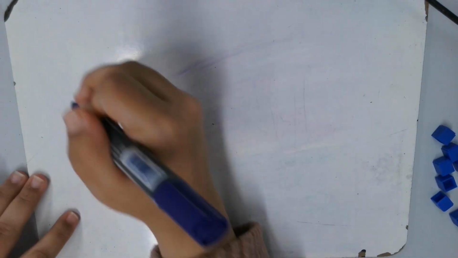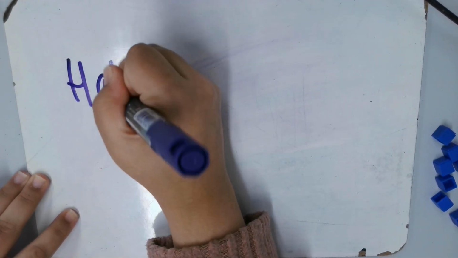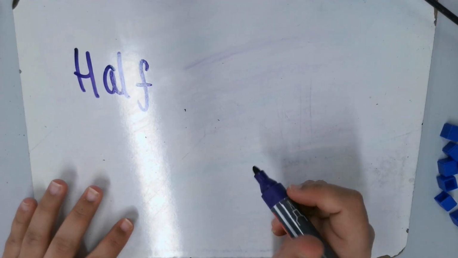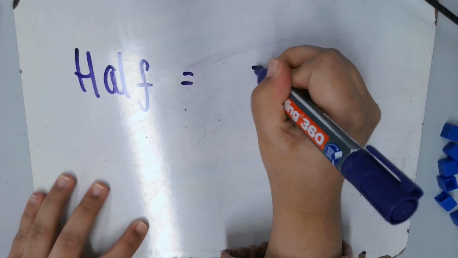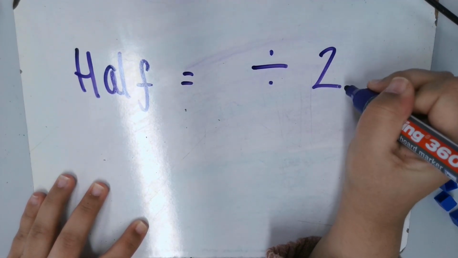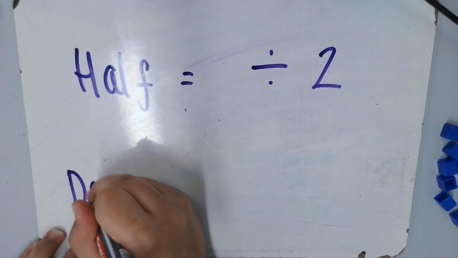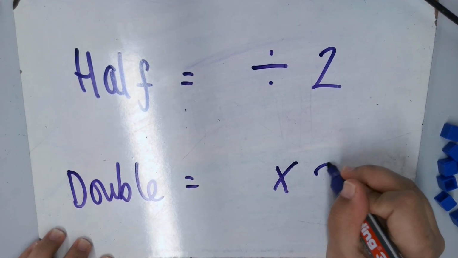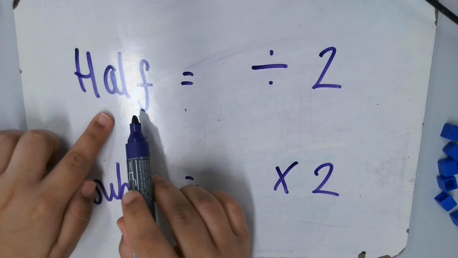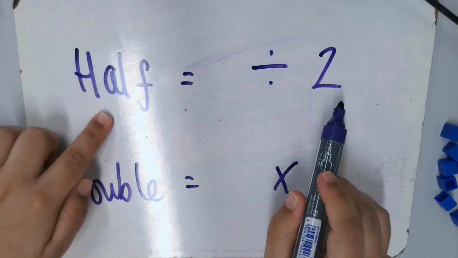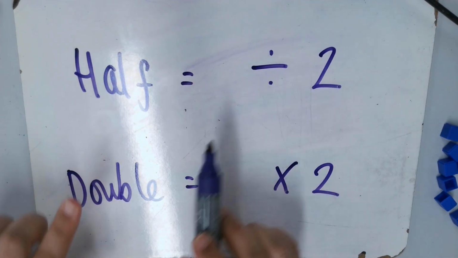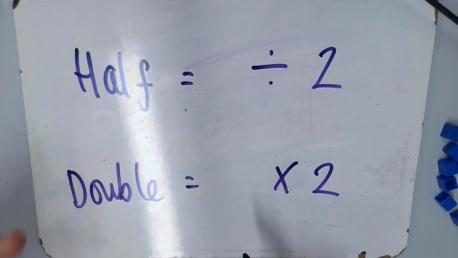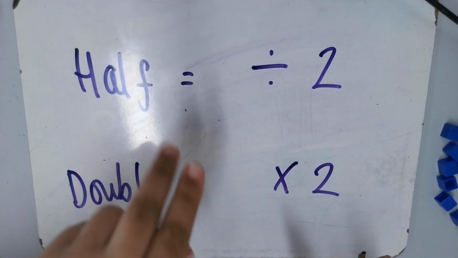Okay, just to confirm, whenever you have a question or whenever you see the word half, that means that we are dividing by 2. If we see the word double, that means we are multiplying by 2. Half, dividing by 2 or sharing into 2. Double is multiplying by 2 or adding the same number 2 times.